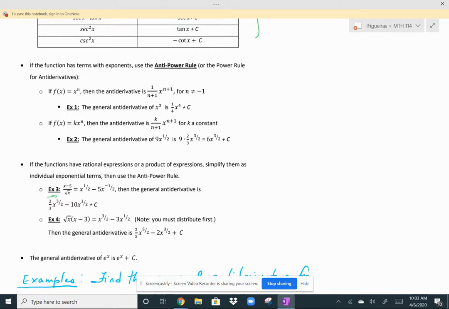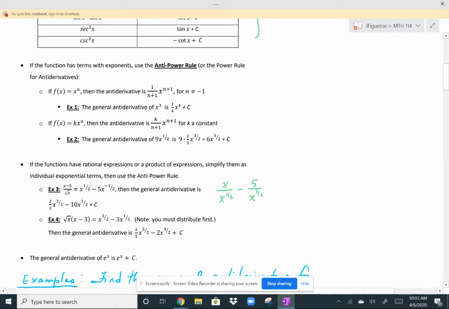When you simplify them, you're basically just dividing these expressions. And then you use the rule for exponents, which is to subtract the exponents. So x over x to the 1/2 becomes x to the 1/2, and 5 over x to the 1/2, we rewrite so that your variable is in the numerator, and that's 5x to the negative 1/2. Then you apply the anti-power rule to those two terms.